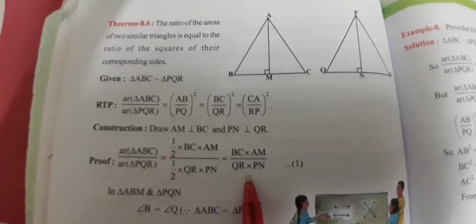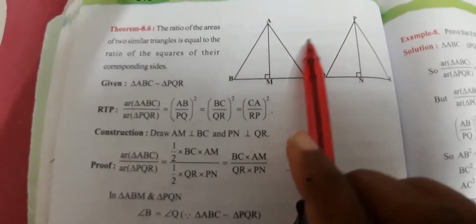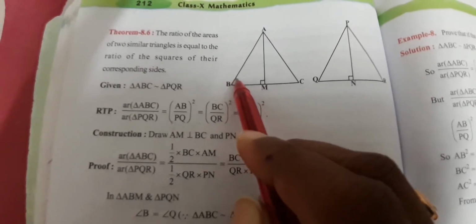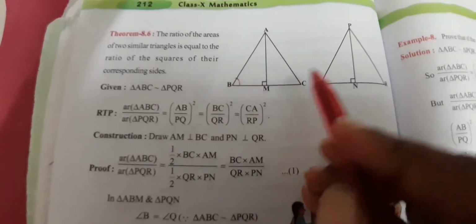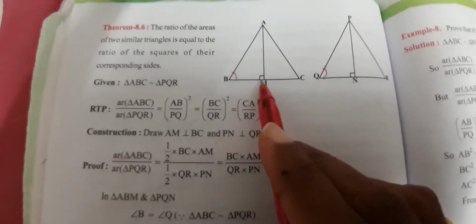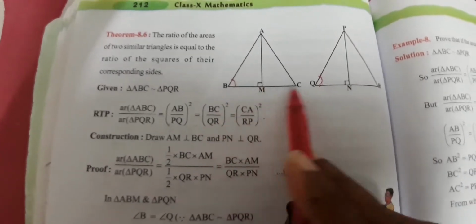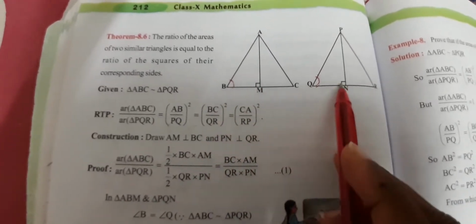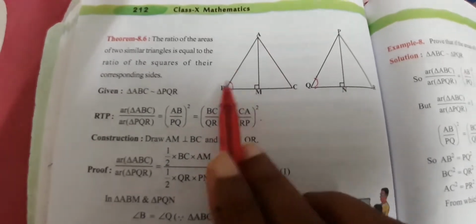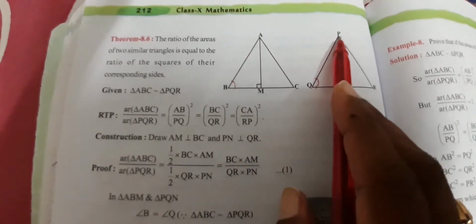Yes, now see, if these two triangles are similar, it is obviously understood that angle B is equal to angle Q. Is it not? And now this is 90 degrees, and this is also 90 degrees. Two angles are the same. So from the angle criterion, you can say that triangle BMA is similar to triangle QNP.